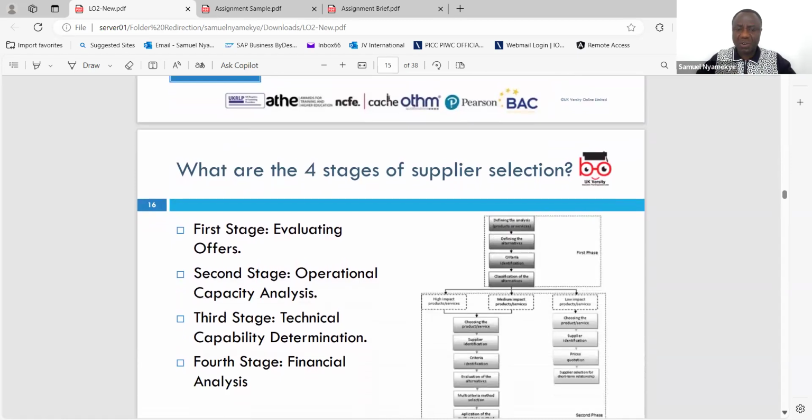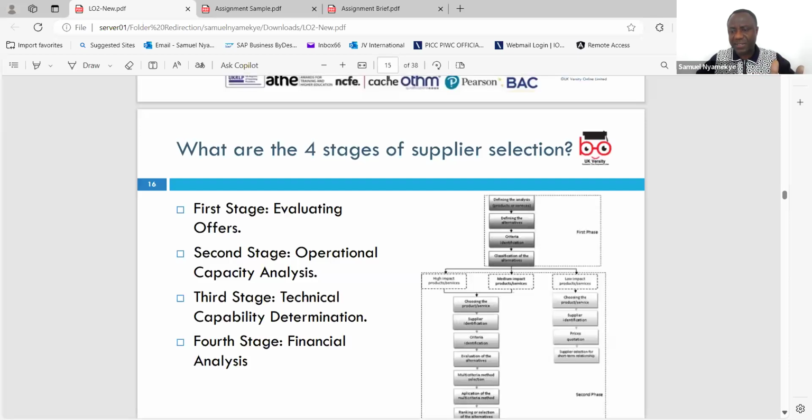Obviously, this is also a straightforward one, the process of selecting suppliers. So you evaluate to be able to execute what you want. Very, very, very important, are they financially able, whether they have the means. If you award a contract to somebody at the initial stage, they will tell you, we don't even need money up front, we can handle it, and then they struggle with a few things.